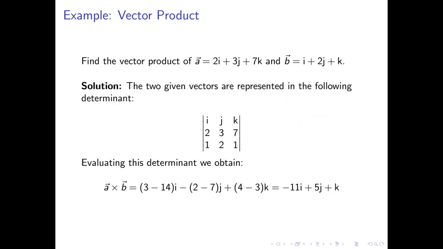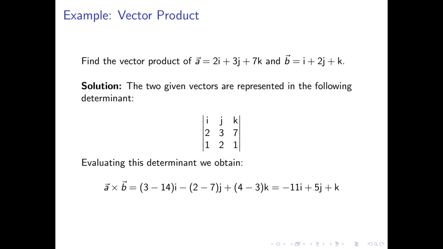Let's practice this final example before we wrap up today's session. The question says, find the vector product of vector A, 2i plus 3j plus 7k, and vector B, which is i plus 2j plus k. How do we obtain the vector product? Remember, your vector product is the cross product.